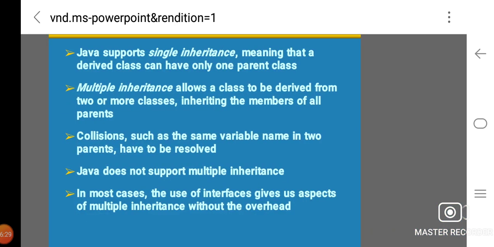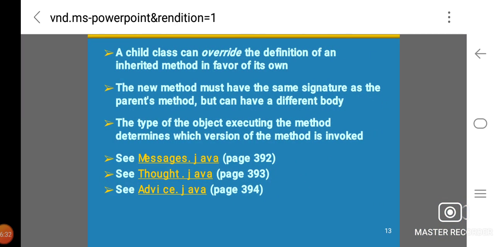A child class can override the definition of an inherited method in favor of its own. The new method must have the same signature as the parent's method, but it can have a different body. The type of the object executing the method determines which version of the method is invoked.